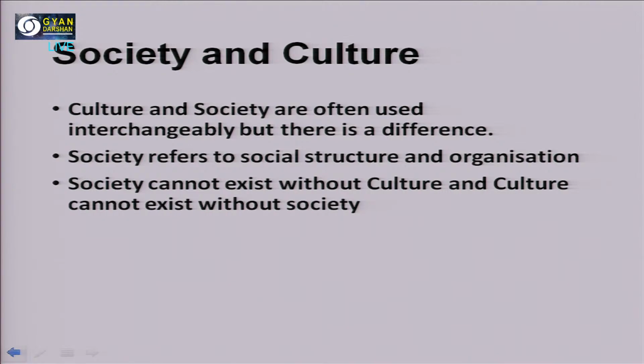For example, caste, class, etc. However, society cannot exist without culture, and similarly, culture cannot exist without society, because within society, individuals follow certain common patterns of behavior, common practices, common beliefs, mores, norms, etc., all of which come under the ambit of culture. So we can say that society and culture are actually two sides of the same coin.